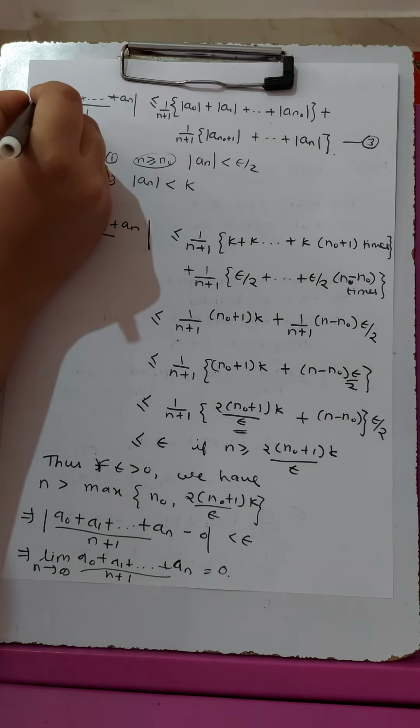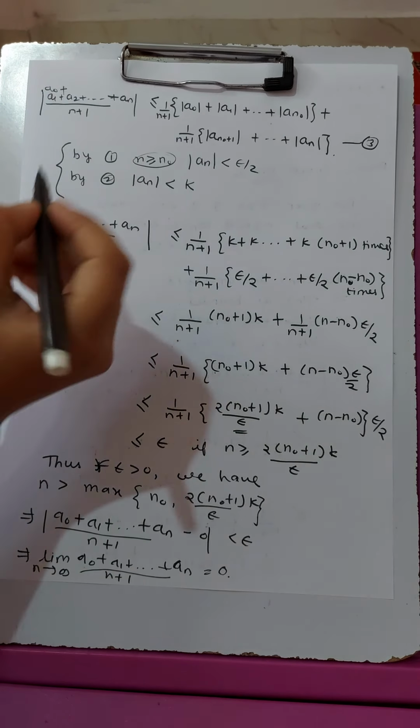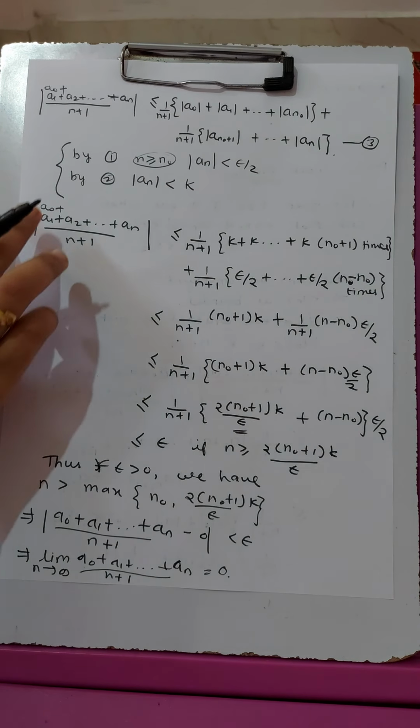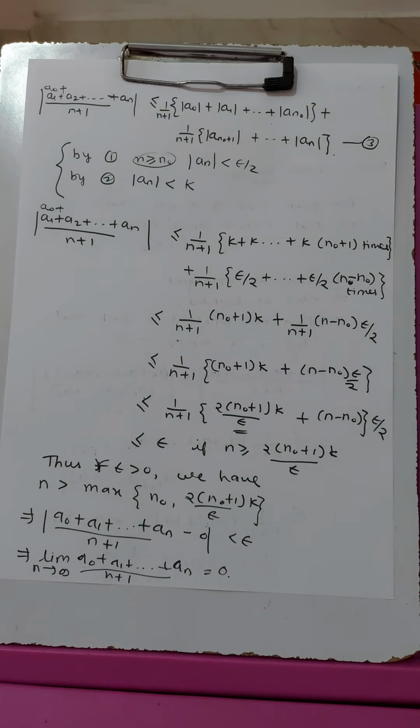Here the Cauchy first theorem of limits is proved. Next we will see Tauber's theorem.